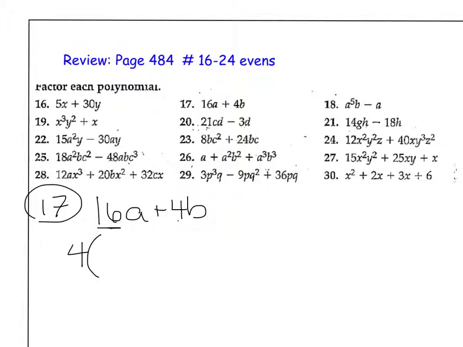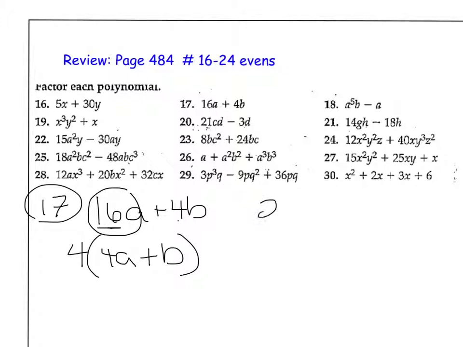Then I say, well, 4 times what will give me my 16a back? That's 4a. And then I look at 4b, and I know that I just have to multiply 4 by b to get 4b back. So always look for the biggest number and all the letters they have in common.